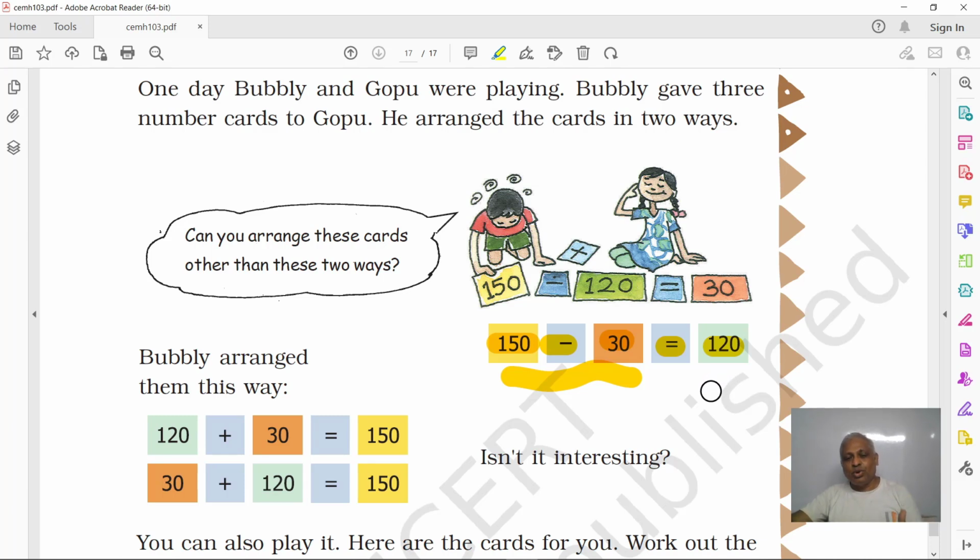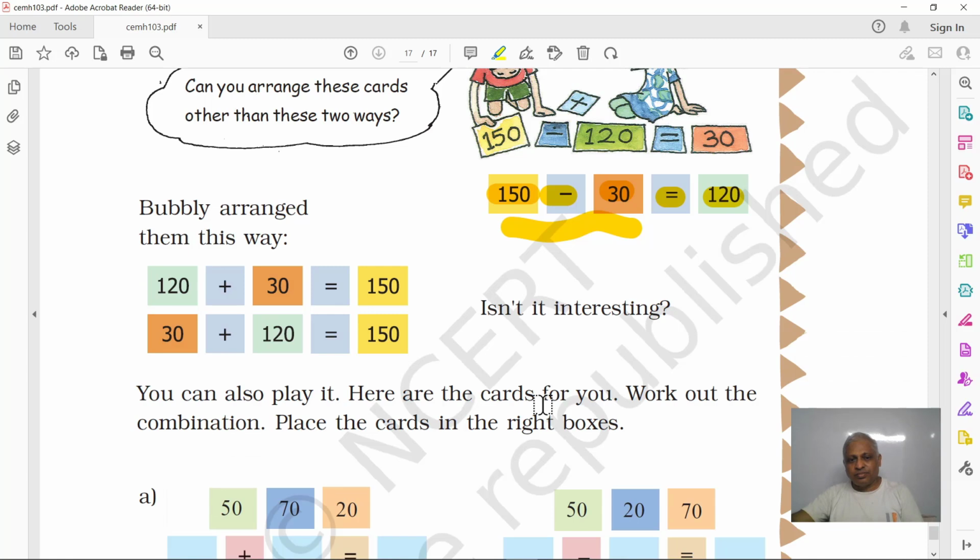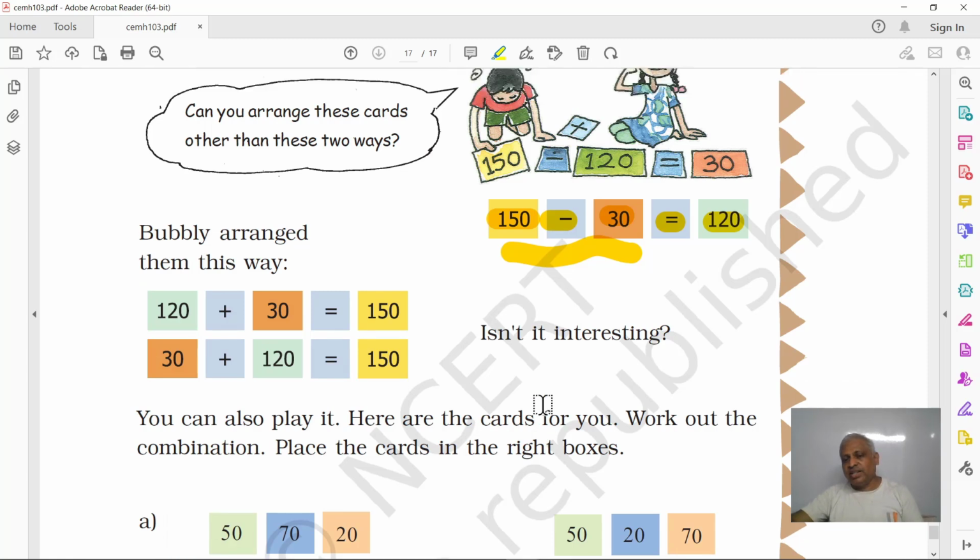Okay, there is some homework. You need to prepare the cards and then you can play this game well, right? So I told you earlier, this 150 minus 30 is how much? It will be 120. Okay, we can organize in a different way. This is minus 30, right? If you send this number to the other side, it becomes plus. So minus 30 becomes plus if it goes the other side.